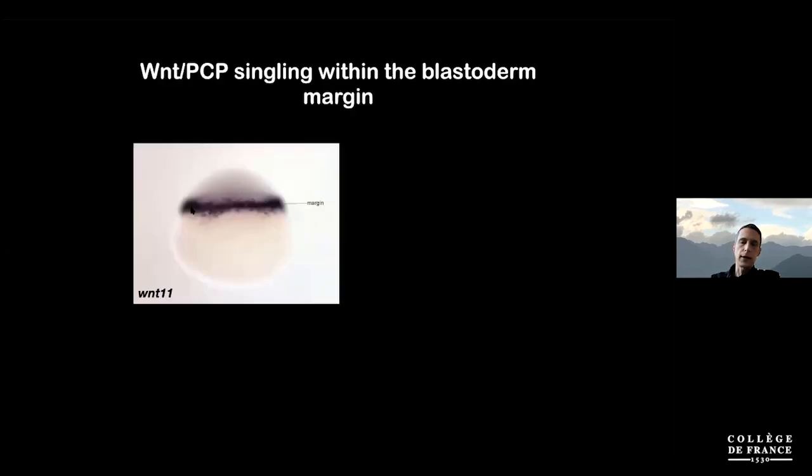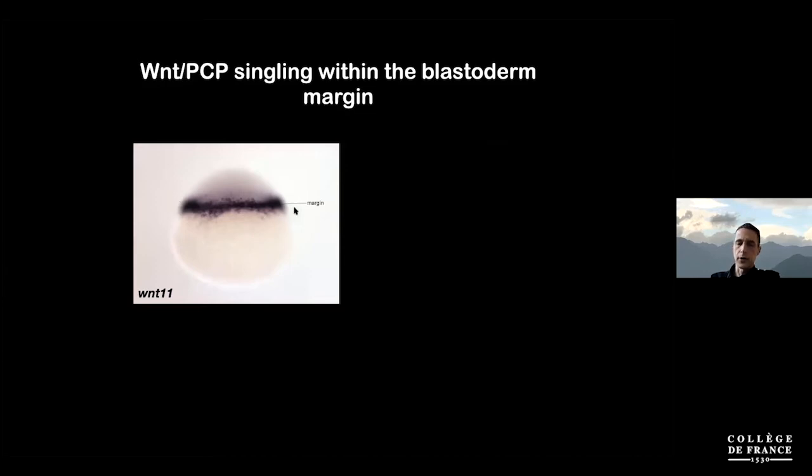What Nicoletta then focused on is a signaling pathway, which is called the Wnt non-canonical or Wnt planar cell polarity signaling pathway. It had originally been identified in Drosophila to determine planar polarity within epithelial tissues, and subsequently also in vertebrates to be important for cell migration and cell adhesion.